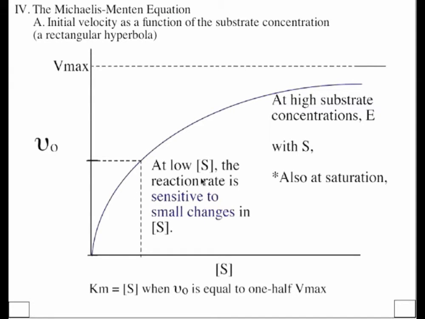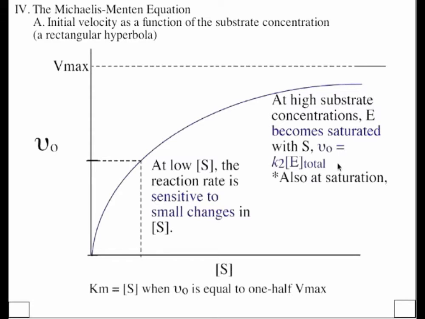So at low substrate concentration, the reaction rate is sensitive to small changes in substrate. At high substrate concentrations, the enzyme becomes saturated with substrate, and we know that at that point we can assume that all enzyme is bound to substrate, and we can write that equation that we wrote earlier, that initial velocity now is a function only of total enzyme.